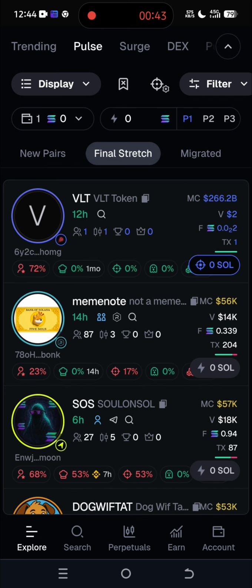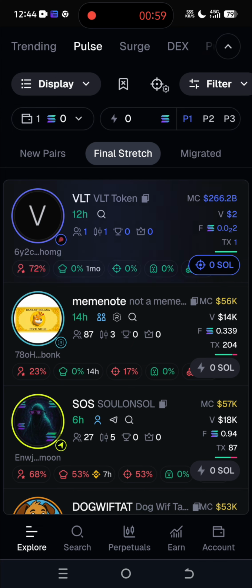This is finance stress. These are tokens that are getting traction. People are investing, people are buying it, people are putting money into it, people are trading it. So it is getting the amount of volume that might go into migration.